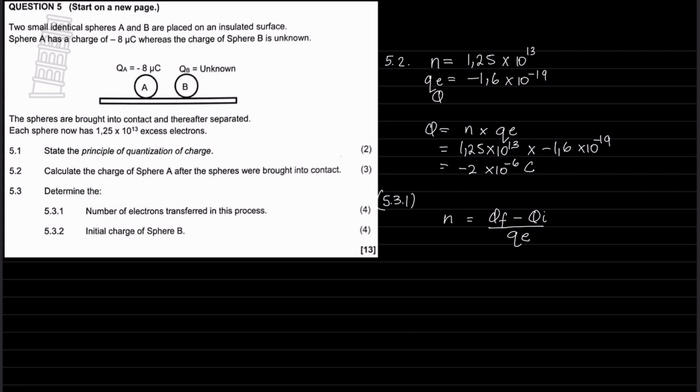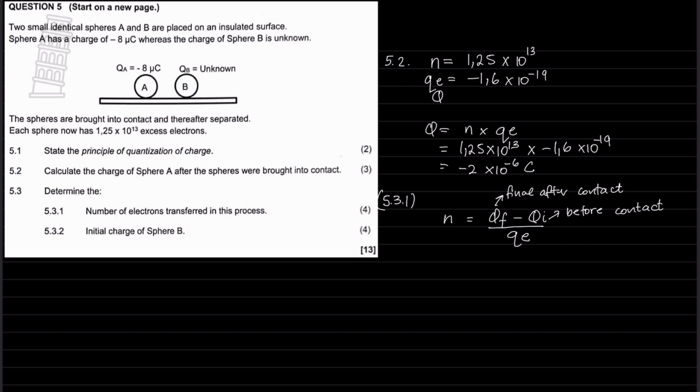Now Q final means the final charge after contact. And QI is initial, so before contact.